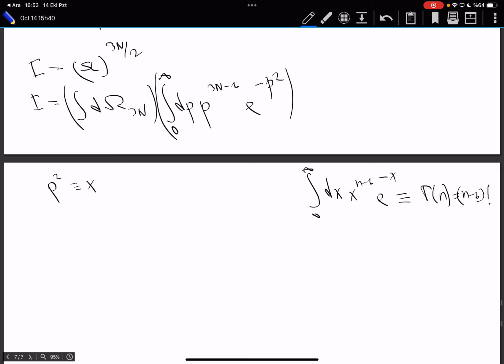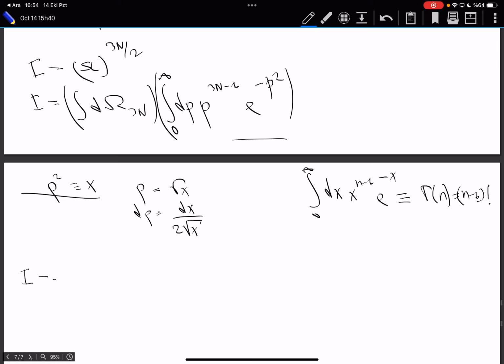So let me try to convert the integral over the magnitude to the gamma integral. I can do that by this change of variable, where p will be just square root of x, and dp will be dx over 2 square root of x.